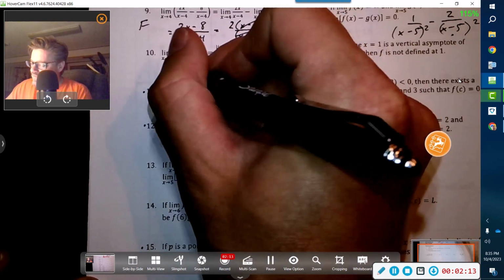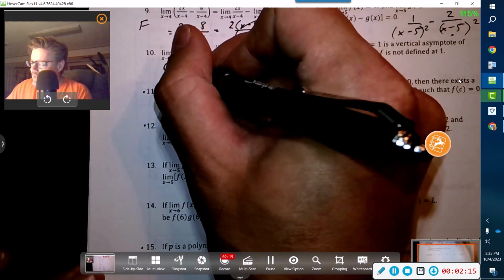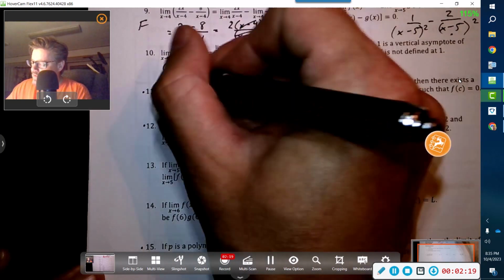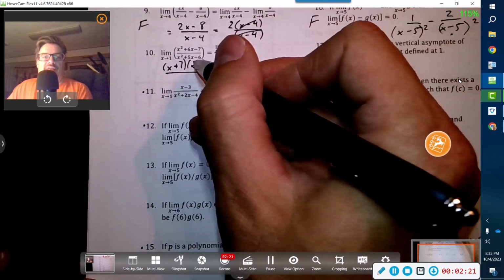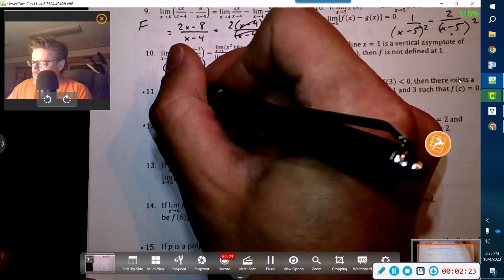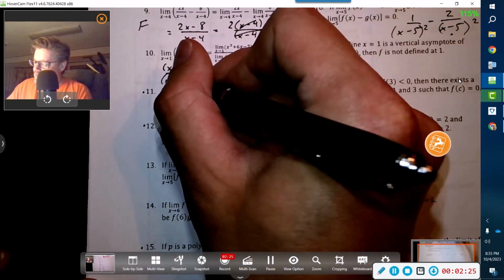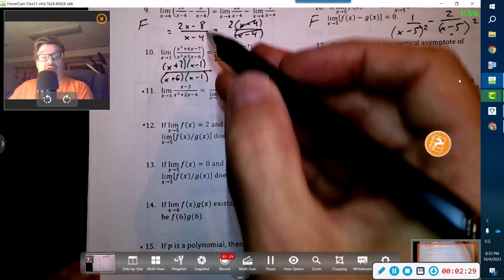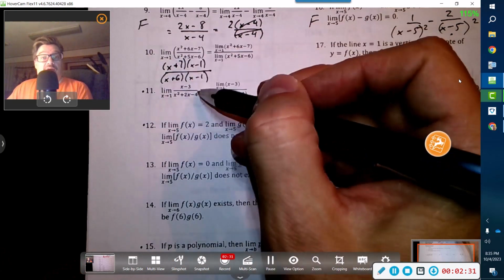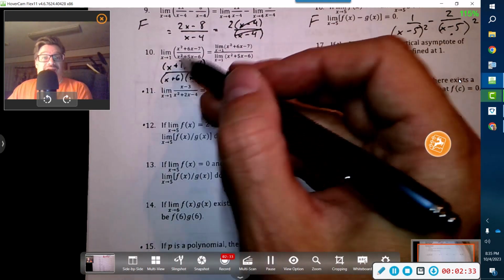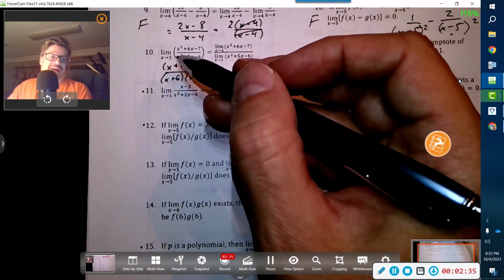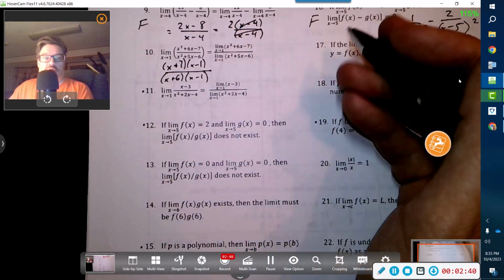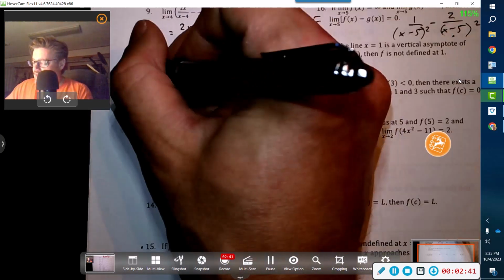If I factored this, I got an x plus 7 and an x minus 1 on the top, and then in the denominator an x plus 6 and an x minus 1. You can see that the x minus 1 also cancels out. So as we approach 1, we're actually going to equal 8 over 7. The other one would give us a 0 over 0, and so that's why this one is false.